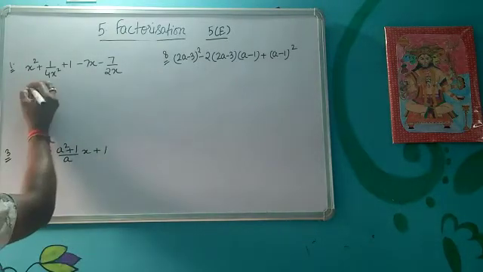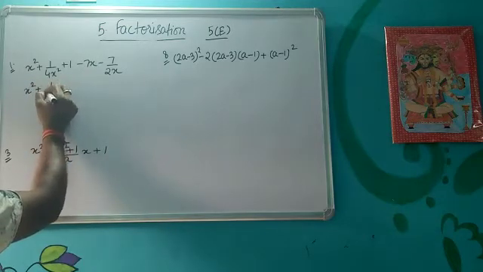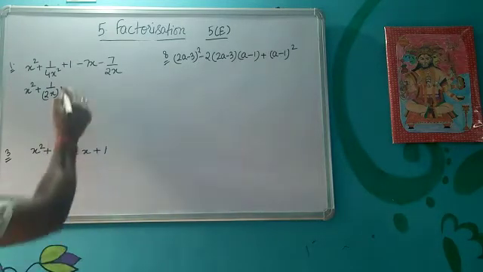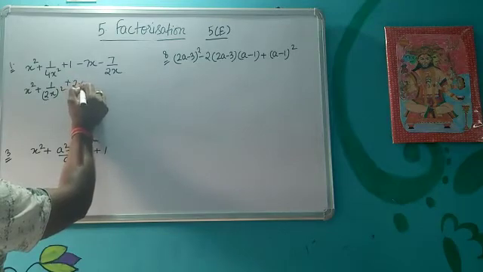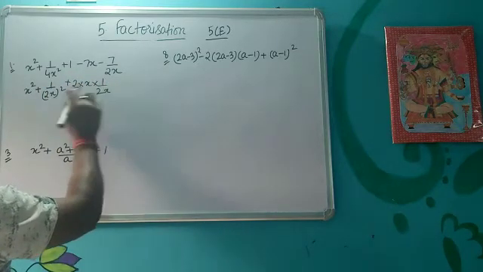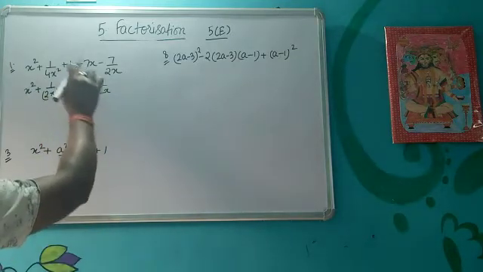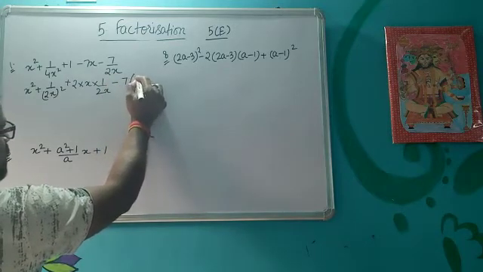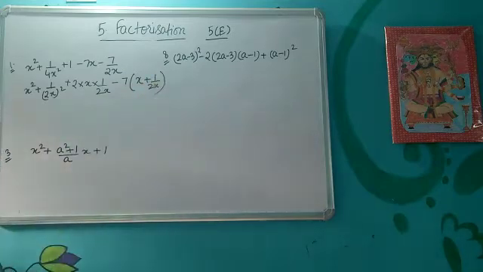So this we can write as x square plus 1 upon 2x whole square. Then if you take this one, this will be 2 into a into b. Okay, this is your a, this is your b. So this whole will cancel, so this will be reduced to 1, and from here I am taking 7 as common, like this.